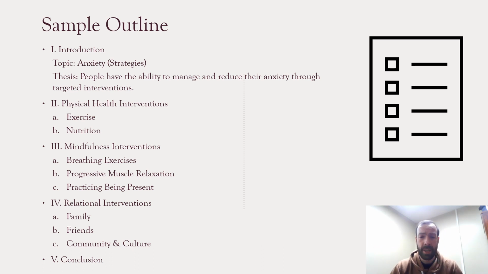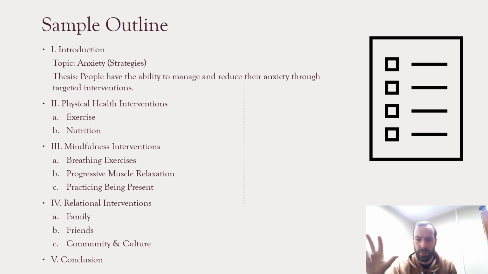Now let's start to take a look at my subpoints. These are points 2, 3, and 4 in the outlines. And you can see as I've done my research and looked at different ways that people can use strategies or interventions for anxiety, I've come up with kind of 3 categories for these interventions to fall into. Physical health categories, a mindfulness category, and a relational category.